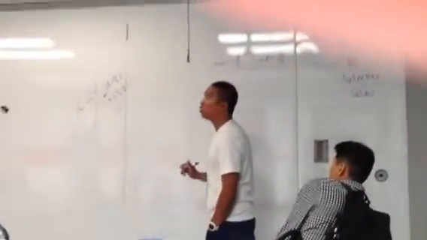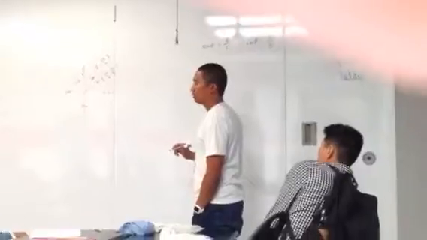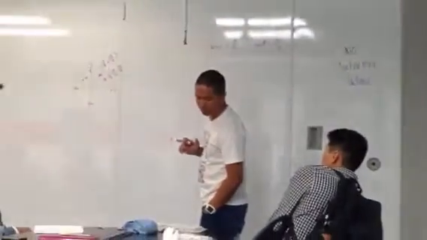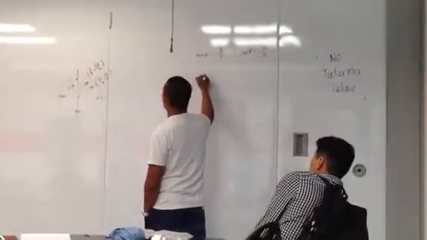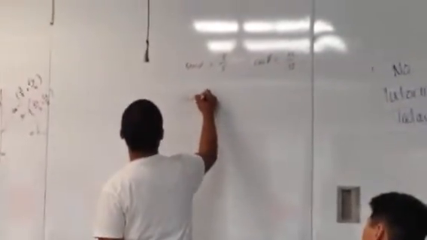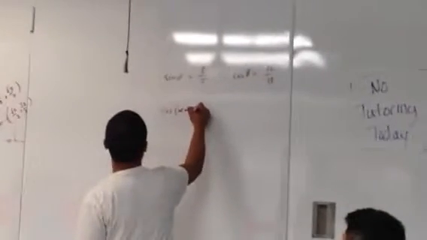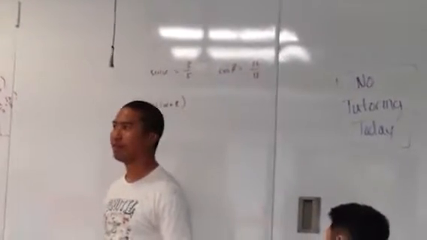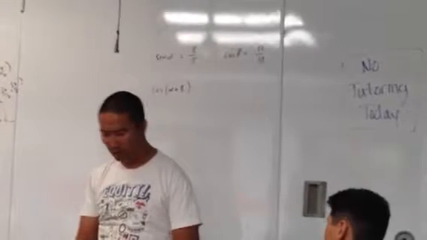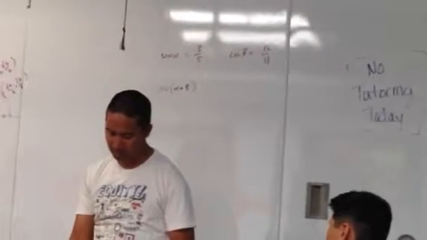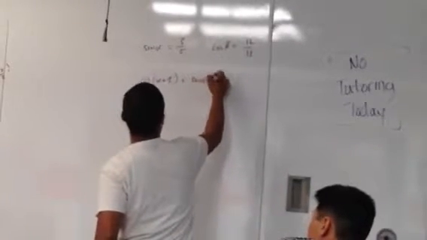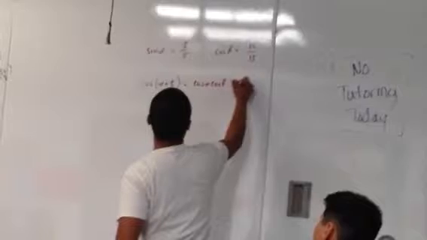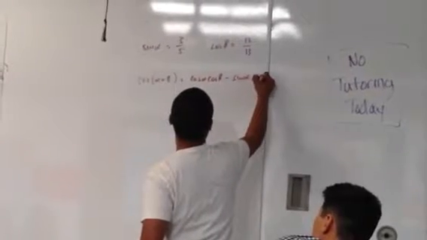If I ask for, let's say, cosine of alpha plus beta, so you would need the formula for that. It's cosine, cosine, sine, sine, minus. Cosine alpha, cosine beta minus sine alpha, sine beta.